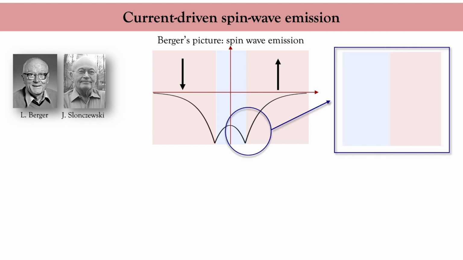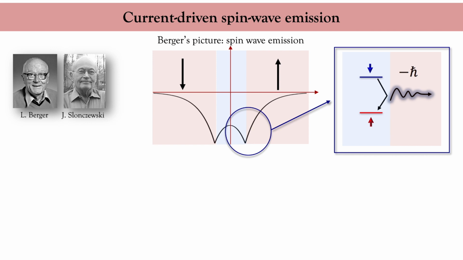This accumulation creates an excess of down electrons at the interface with the right magnetic electrode. Because there's more down electrons than up electrons, the chemical potential of the down electrons is larger. These down electrons can relax their energy by flipping their spin and emitting a magnon in the ferromagnet. This is the mechanism of current-driven spin wave emission.